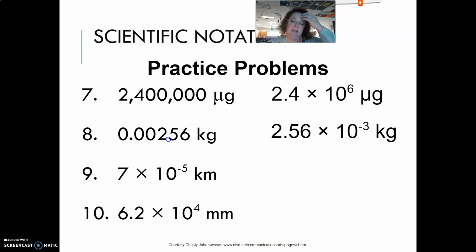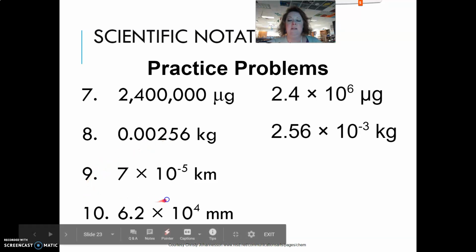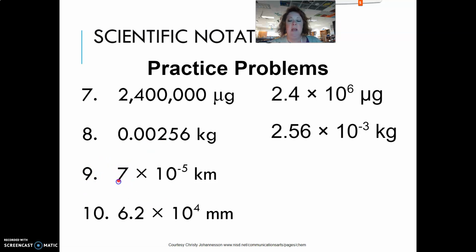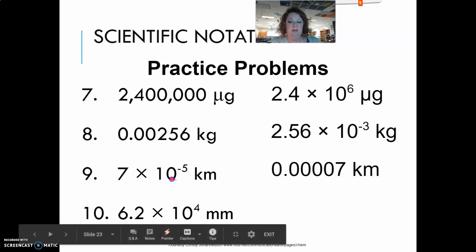So let's put the next one into standard notation. We know that it just has one significant figure because there is just one shown, and it is 10 to the negative 5. That means we need to move the decimal so that it's making a number smaller than 1. So it's going to have to go to the left, and it goes to the left 4 times.